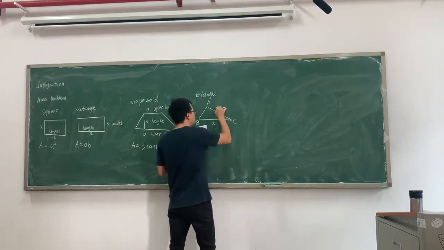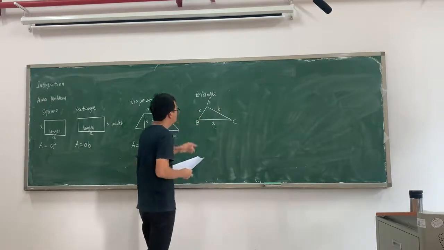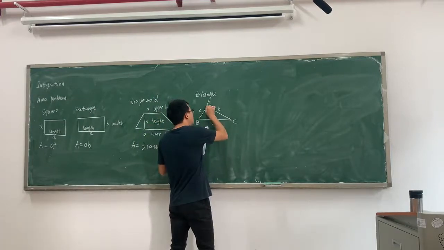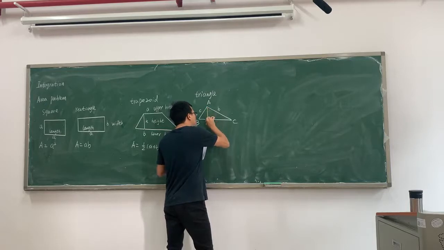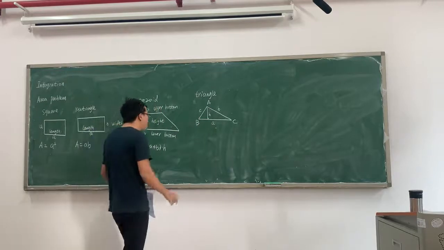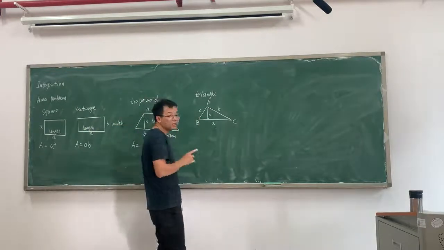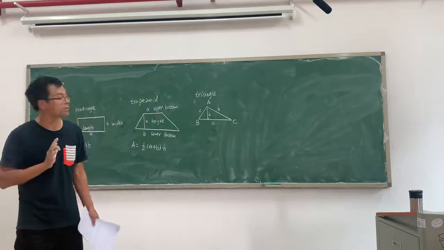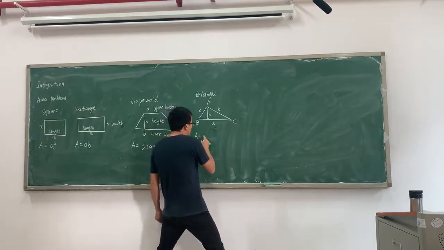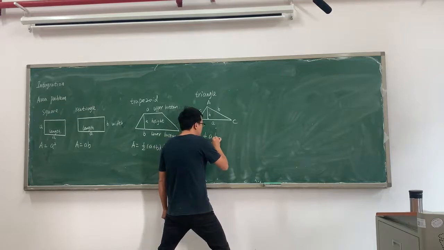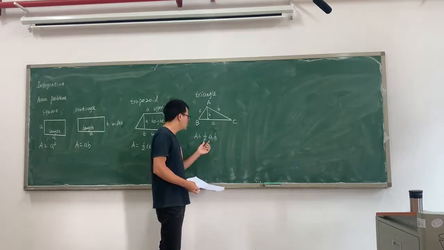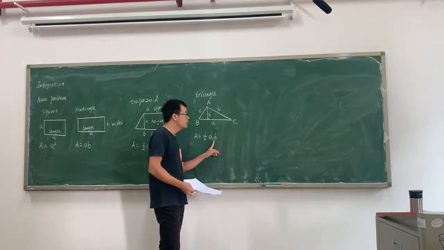Here is capital A, capital B, capital C, and the height here is H. For the triangle we actually have three formulas. The first formula: area equal to 1/2 A times H, where A is the base and H is the height.